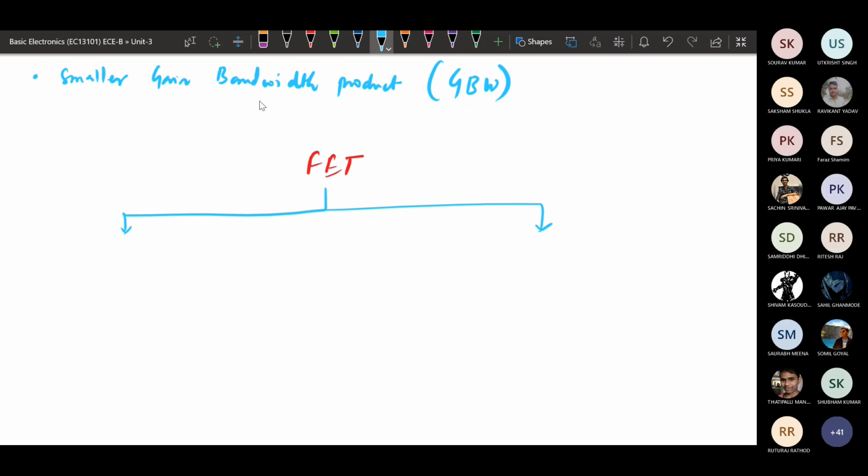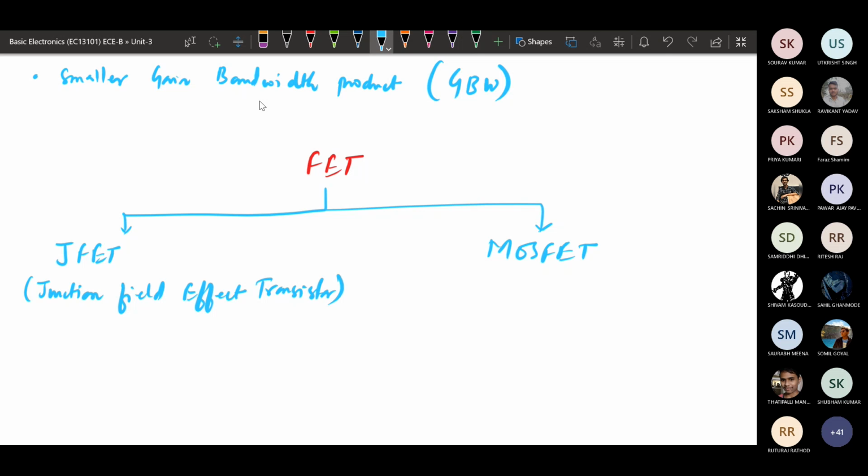One of the FETs is called JFET, which stands for junction field effect transistor. Another one is called MOSFET. In this course, there are other types of FETs also, but we will be going with the JFET and MOSFET only.